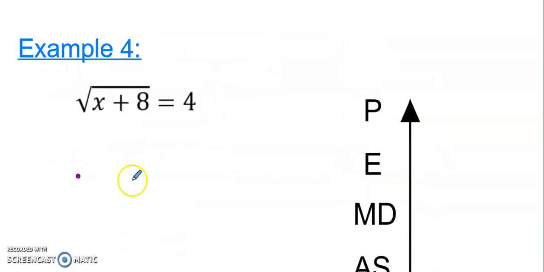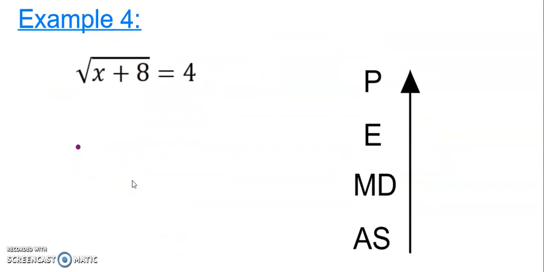Example 4. Okay. So here we have the square root of x plus 8 equals 4. So we want to remember here that we have this x plus 8 is inside of that parentheses. Okay. So that's another implied parenthesis.